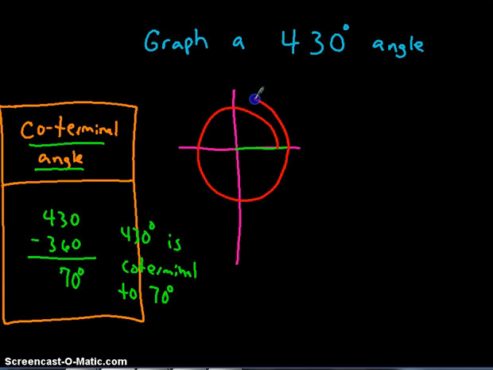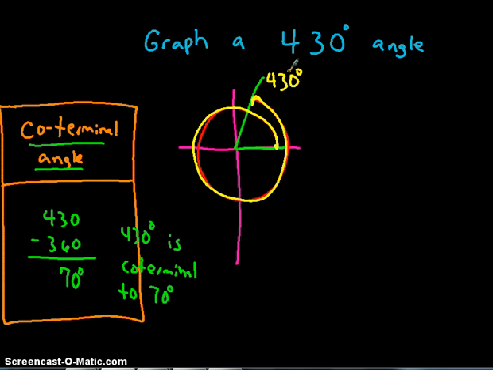Then I go up about 70 degrees more, about right here. You have to visualize that the angle went around more than once: it started here, went all the way around 360, and ended right about there. This is what 430 degrees looks like.